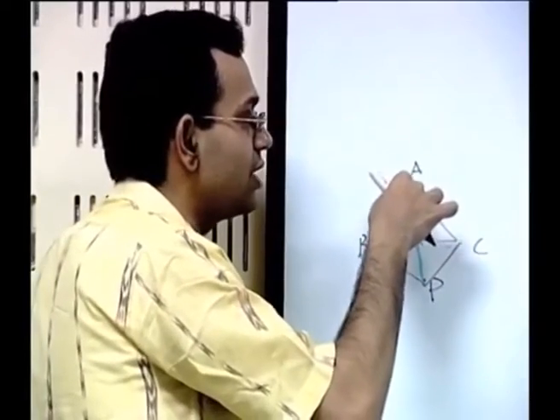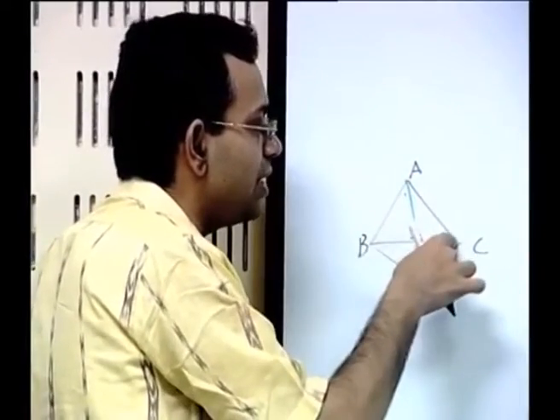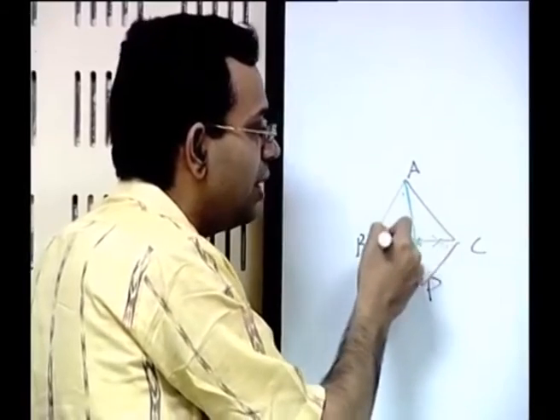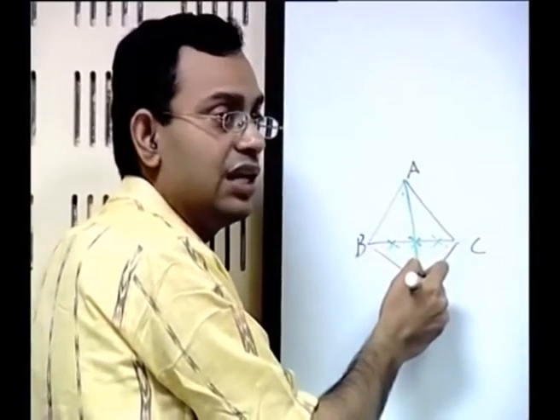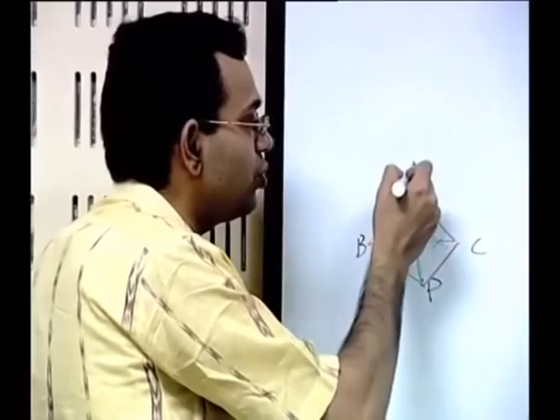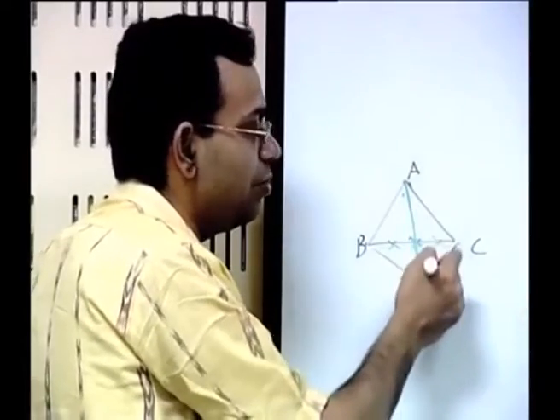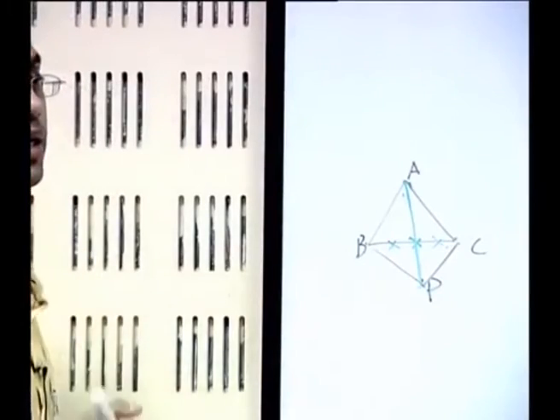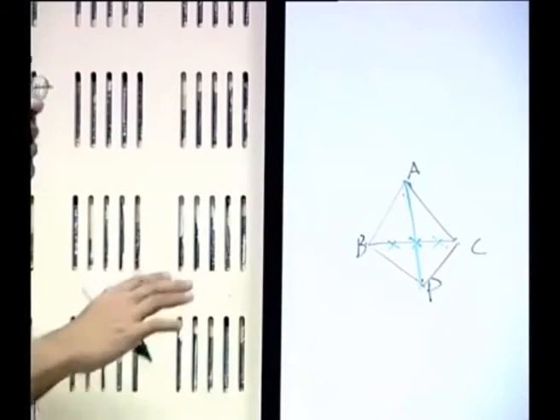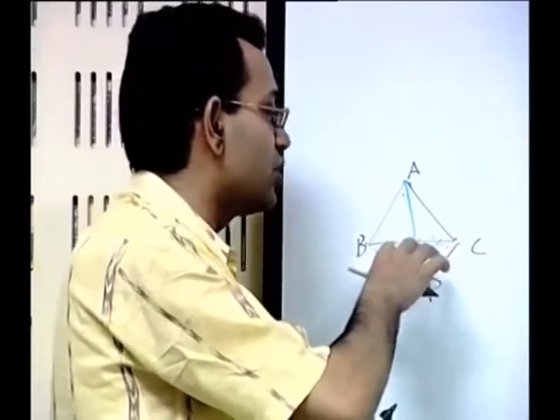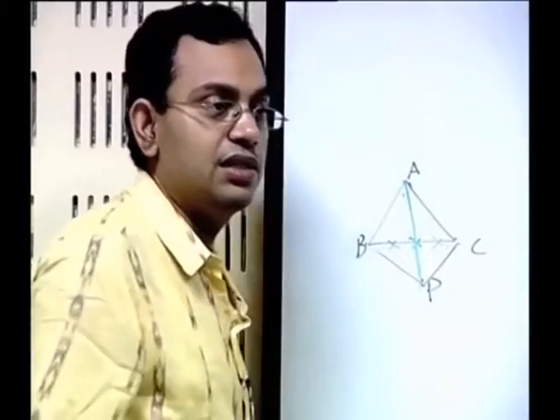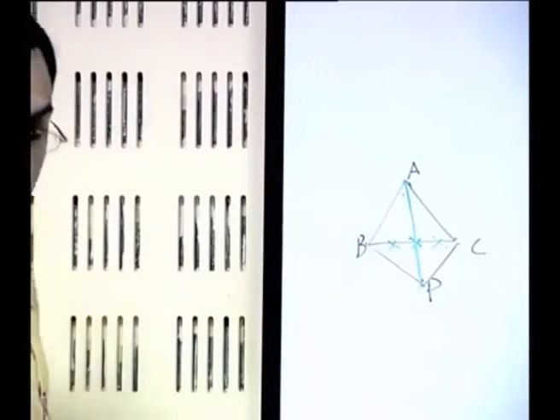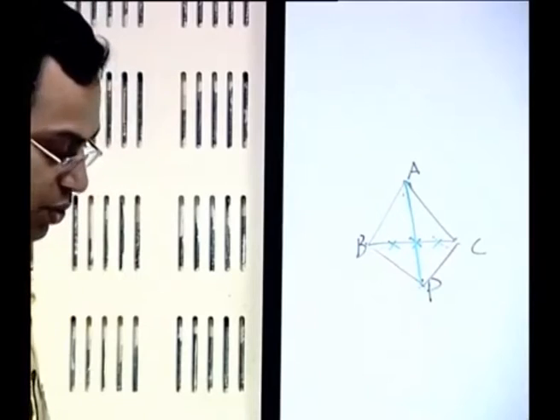So you do not consider BC as the line, but you consider AP as the boundary line, so that you get two new triangles ABP and APC. If the previous triangle was bad, then these triangles will be good, because with the swapping of the diagonal, a small internal angle will become a large one. So this is called diagonal swapping.